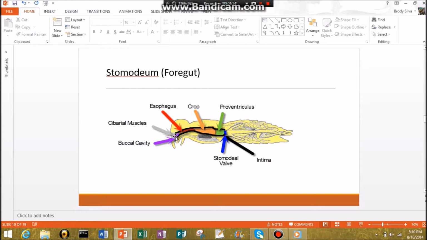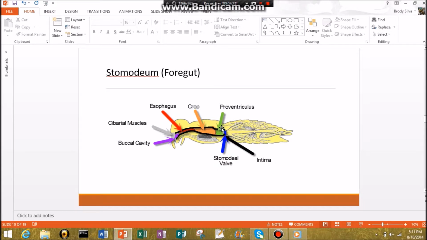This is all alimentary, the esophagus basically, into the crop, which is essentially a holding area for all the food that's been chewed up. Here it doesn't absorb the nutrients yet. Here's the proventriculus. It's the section that prepares the food to go into the next area, the midgut.